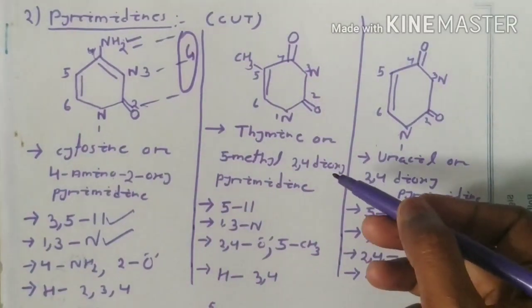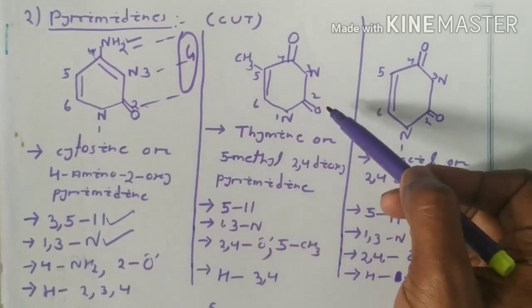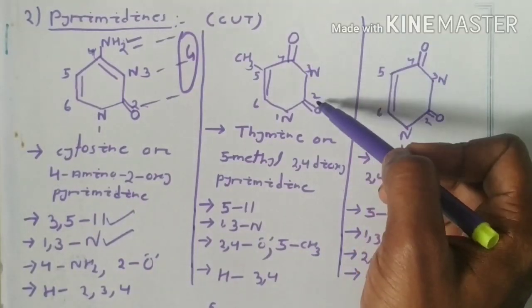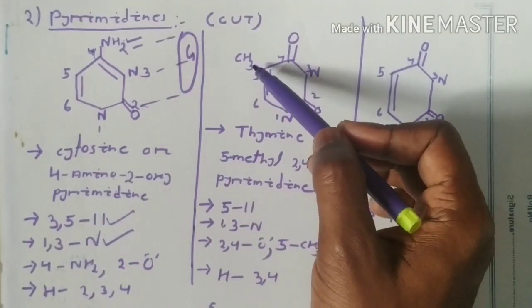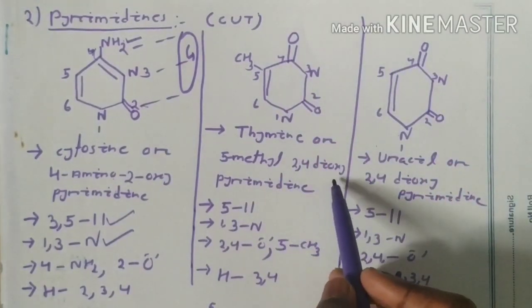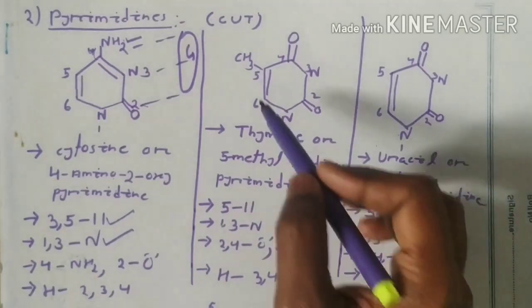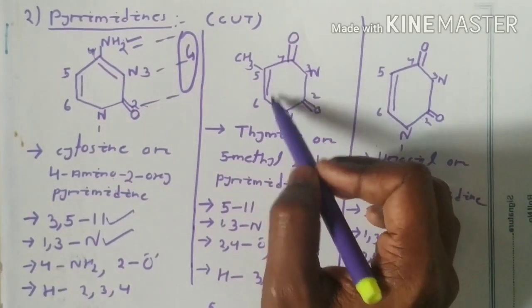Another is thymine. In thymine there is an oxy group at 2 and 4 positions, and a methyl group is attached to the 5 position. That's why it is called 5-methyl 2,4-dioxy pyrimidine. Only at the 5th position there is a double bond.